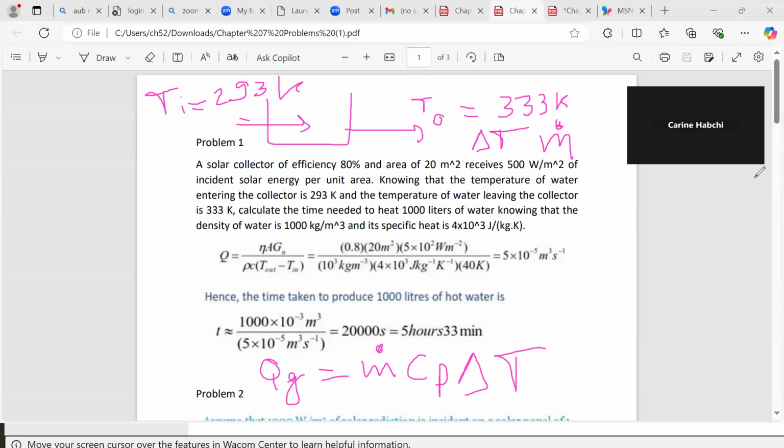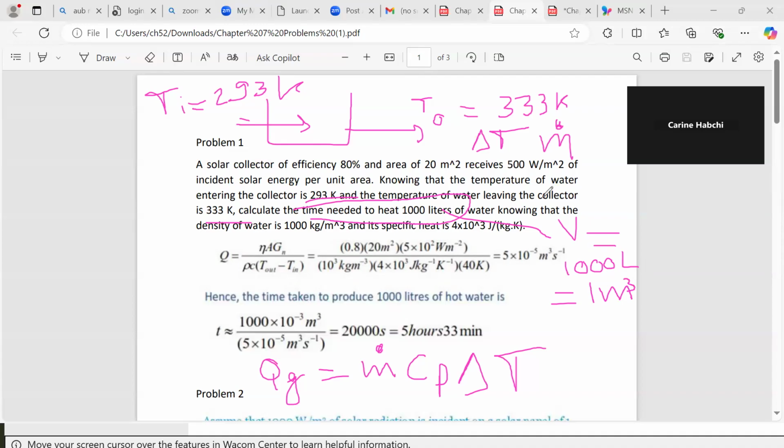So here we know for the water, we know T in, we know T out, and we need to calculate the time needed to heat this volume of 1,000 liters, which corresponds to 1 meter cube.